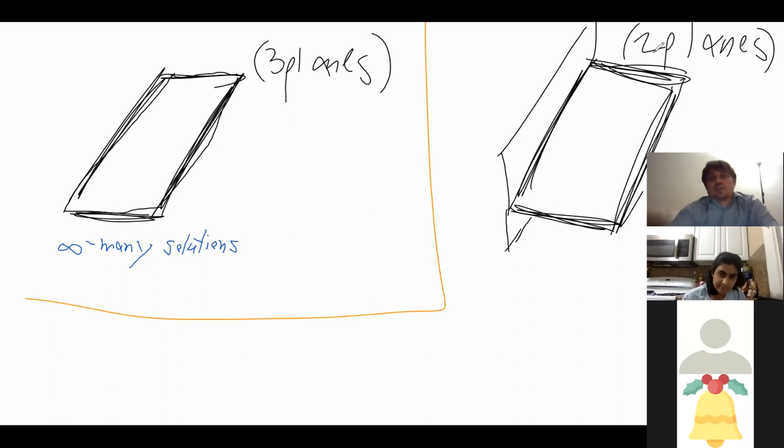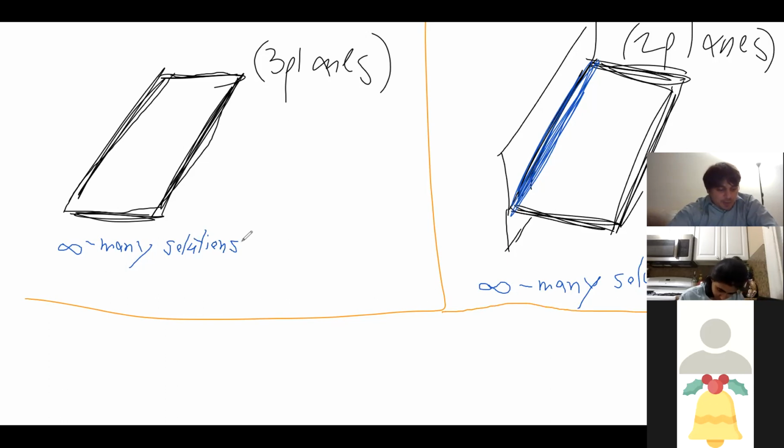Okay, so now you have two planes that coincide here, and you have one plane vertical like that. Well, you have the intersection points are all along this line. And so this also has infinitely many solutions. Every point in that line is on all three of those planes. Okay, and so now you have that also.